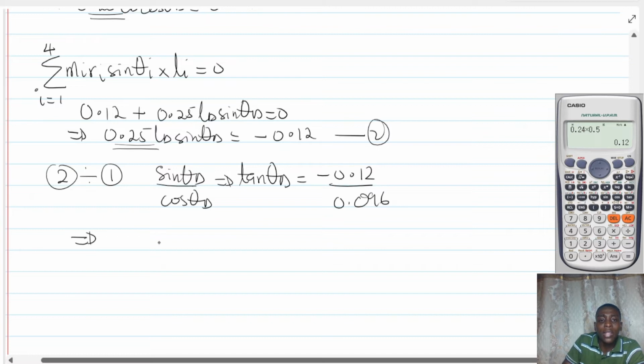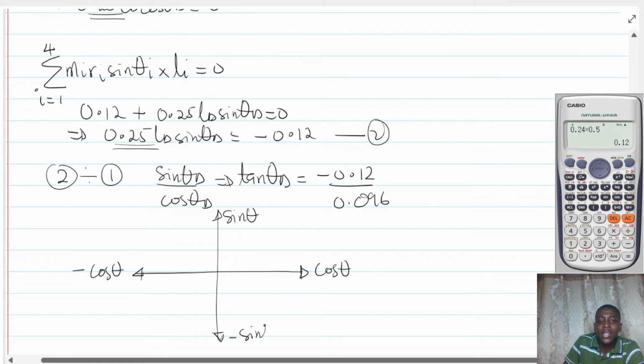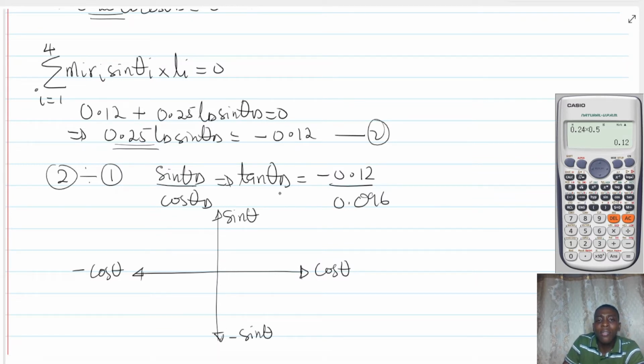Alright, but before we do that, let's try to look at the quadrant. Looking at the quadrant, this is the positive sin theta, this is positive cos theta, this one right here is minus cos theta, and this one right here is minus sin theta. So tan is opposite on adjacent.